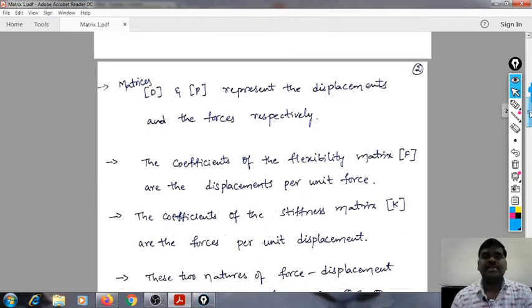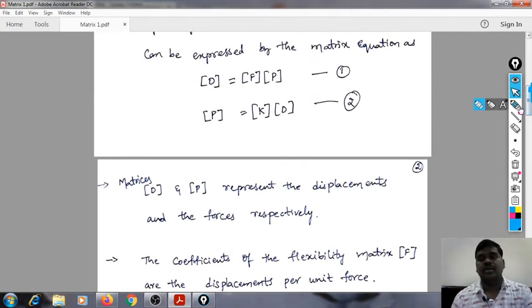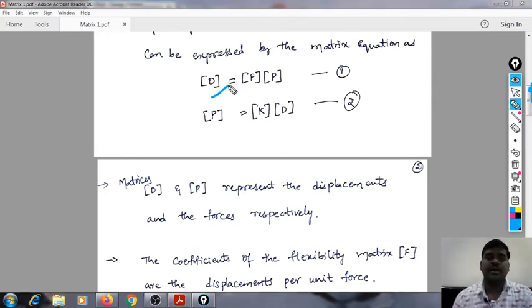Matrices D and P represent the displacement and the forces respectively. So these are the displacement matrix and the force matrix.